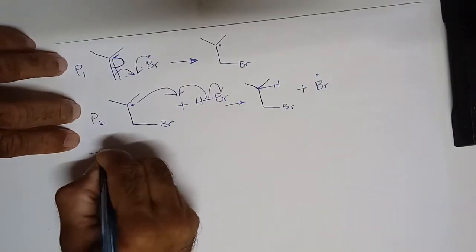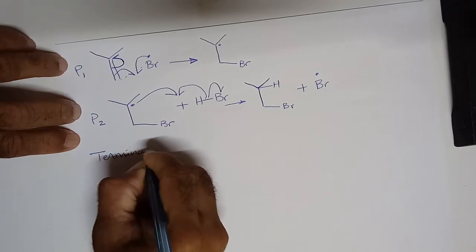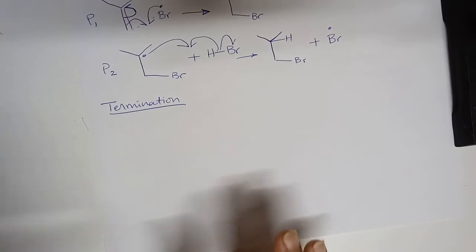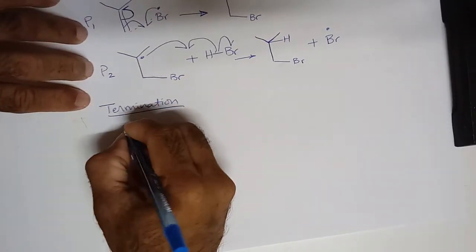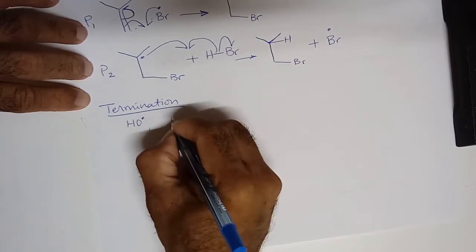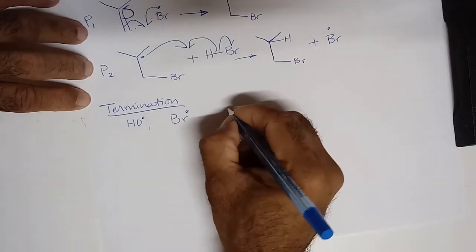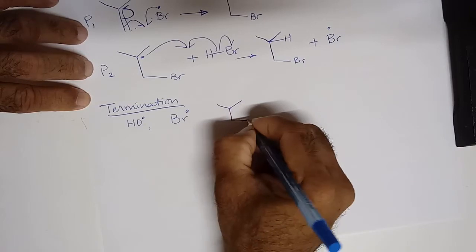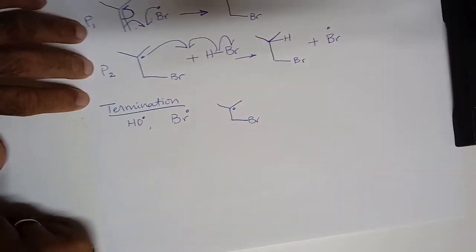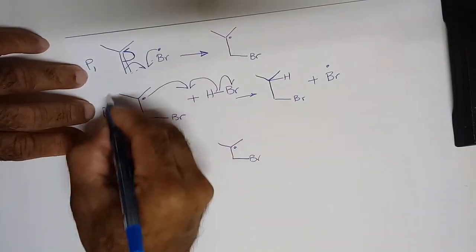Then comes termination. Who are the candidates for termination? Well, in this reaction, we had HO radicals, we had bromine radicals, we also had that radical. Those are the three radicals that we came across, right?